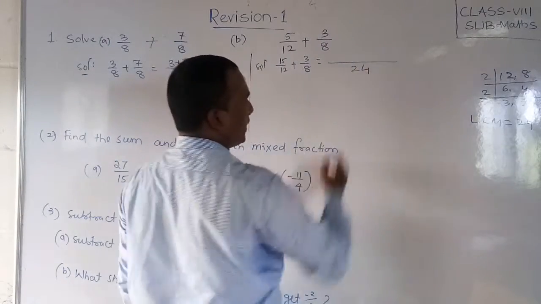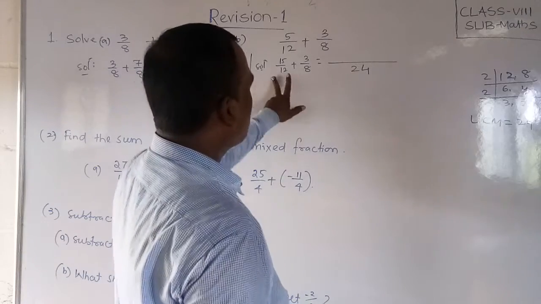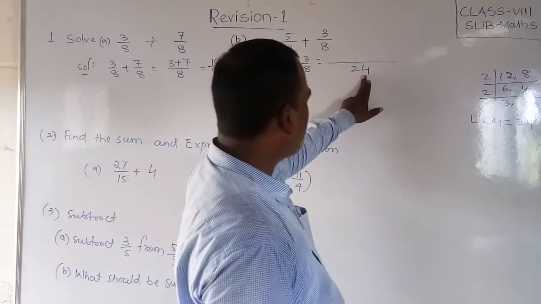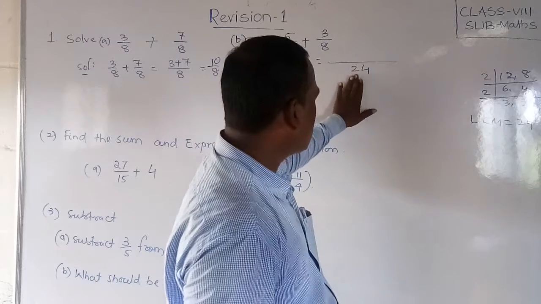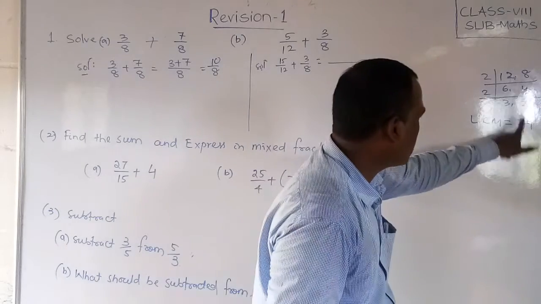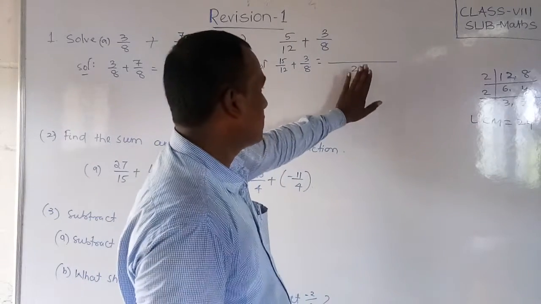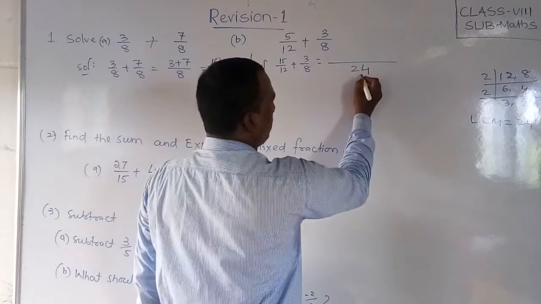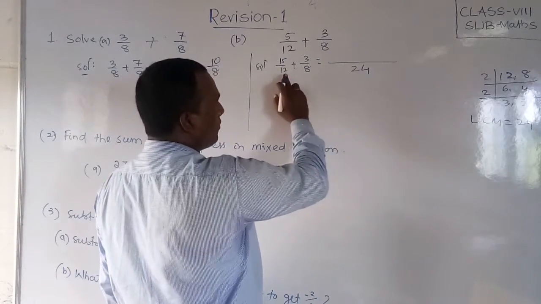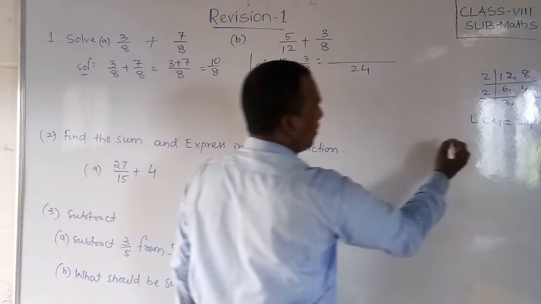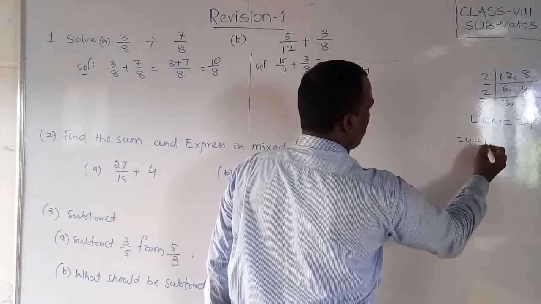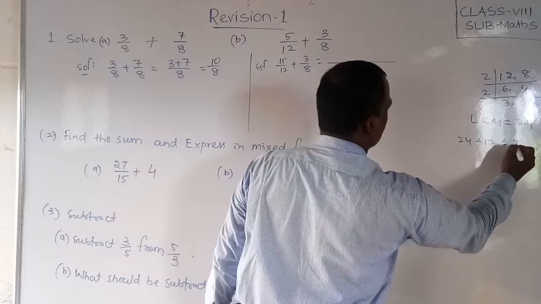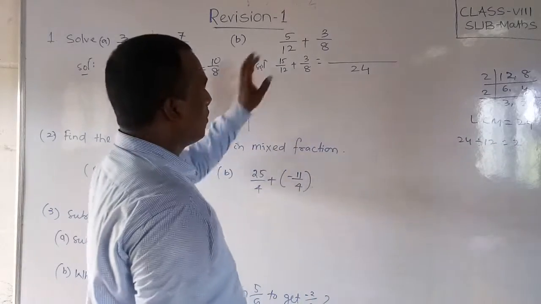Whatever the LCM came, friends, you must write here: 24. Carefully look again. Then what is your work? Very carefully, divide this 24 by 12. 24 divided by the denominator is how much, friends? 2.